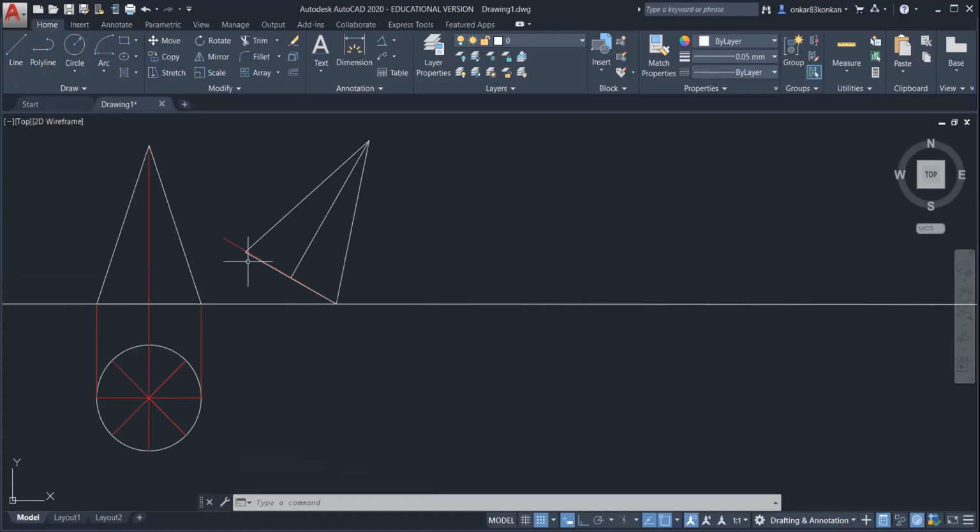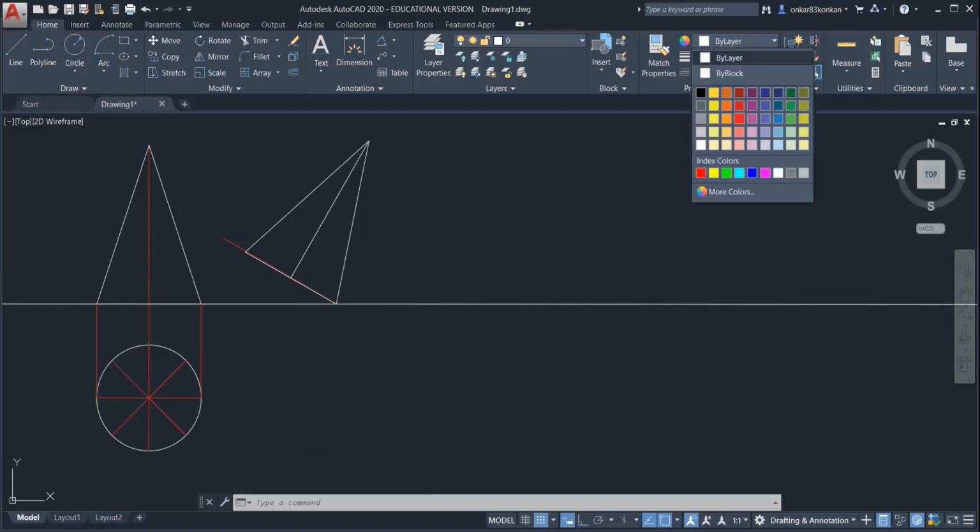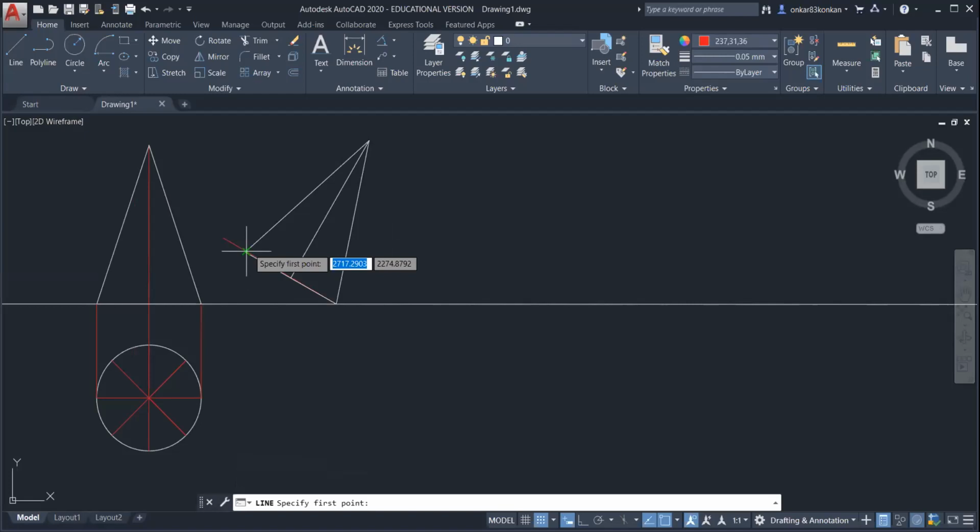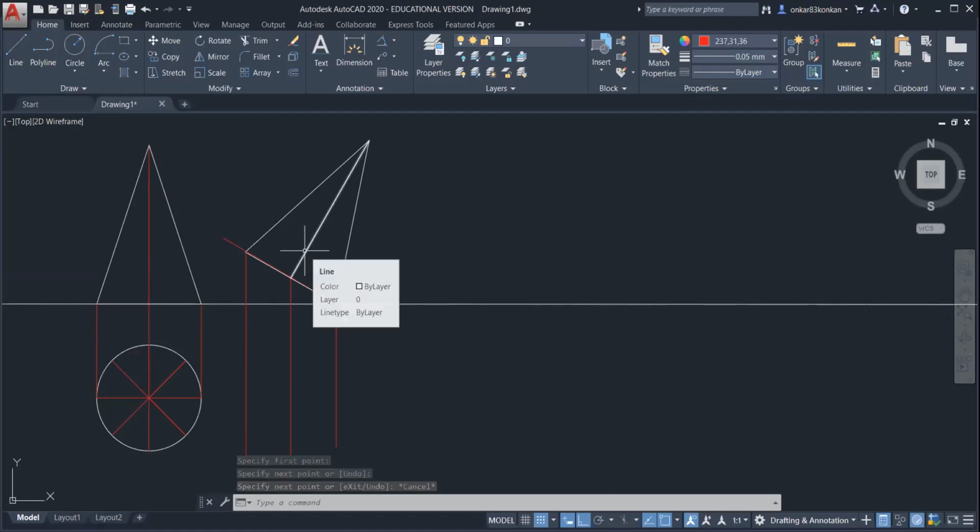Now you can give the names and then take the projectors in the top view. So actually this is the axis line.